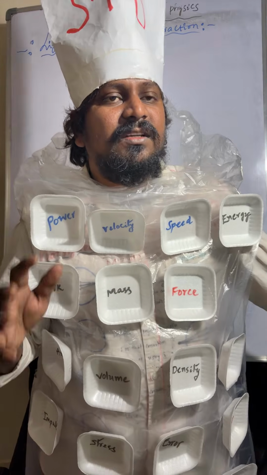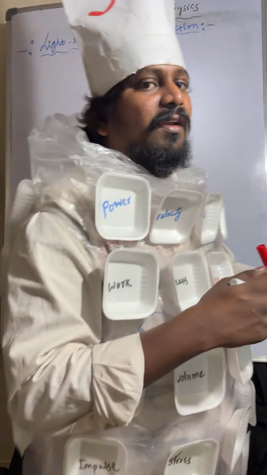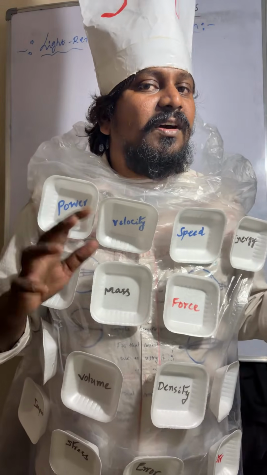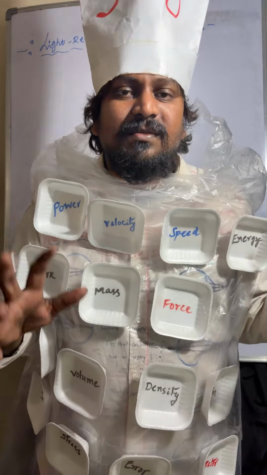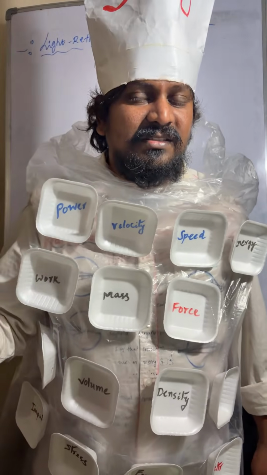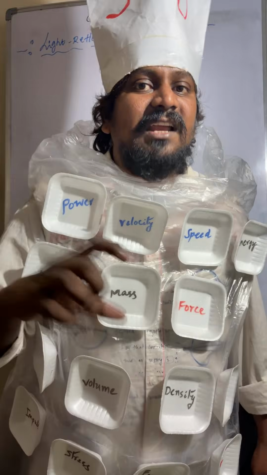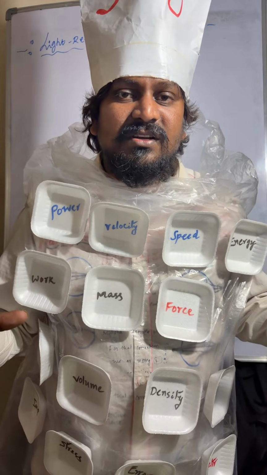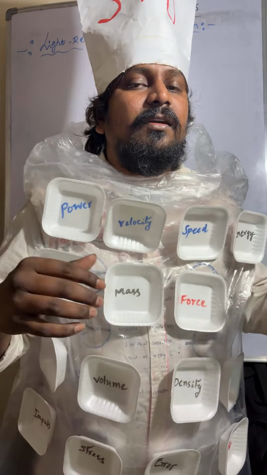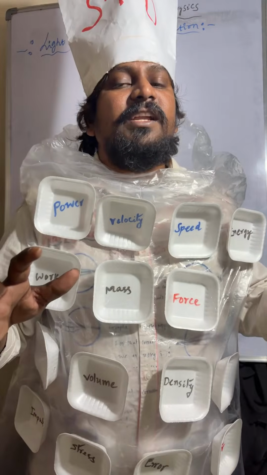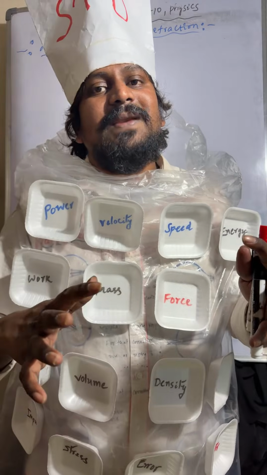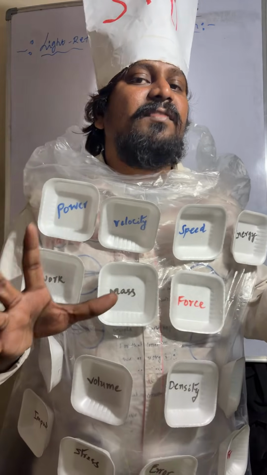Understood? Now we can see that the concave mirror is converging in nature, whereas the convex mirror is diverging in nature. Whenever light rays are incident on the concave mirror, it converges the light rays. They move towards the principal axis and meet on the principal axis after reflection.